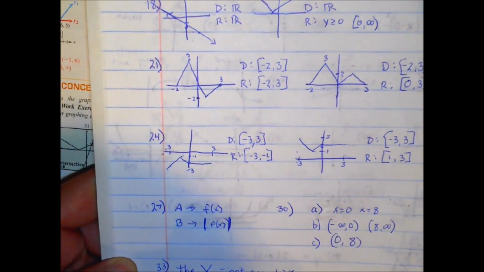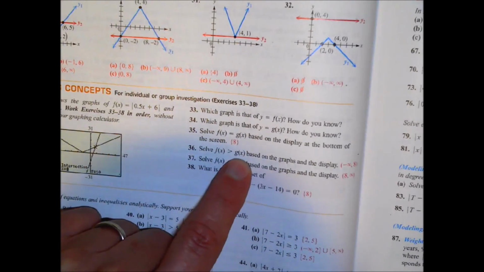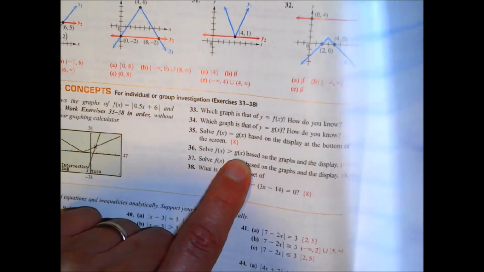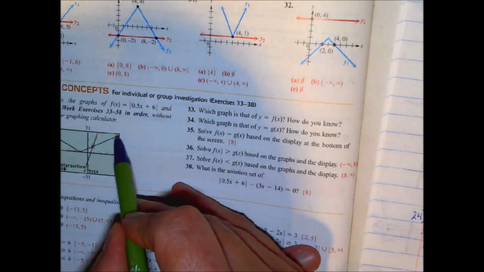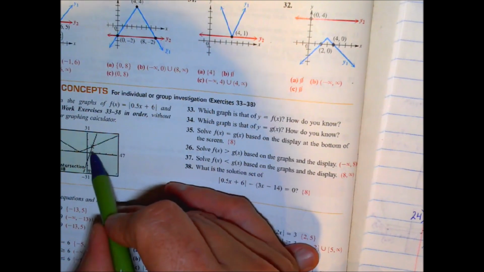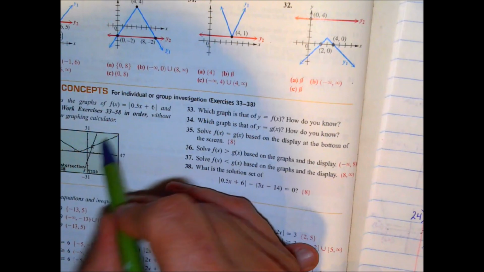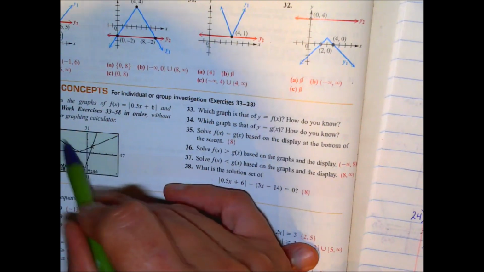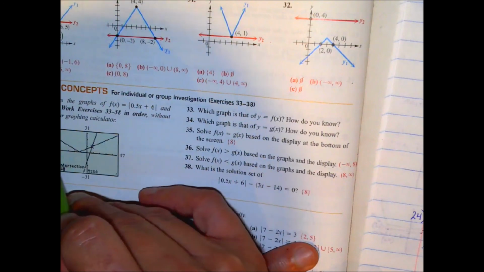Okay, number 36. It tells us to solve where is f of x greater than g of x. My f of x was this one, and where is that greater than the g of x? Here they're equal, and then g of x is greater on this side. But on this side over here, my f of x is greater than this g of x.